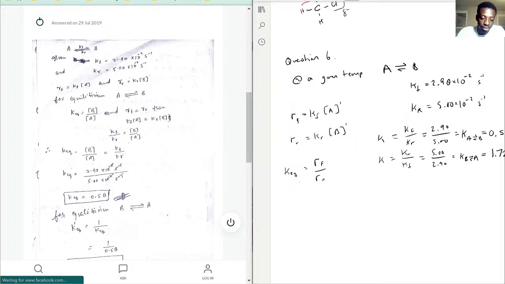And that's how we break it down to this one, and then we solve the equation. So that is what we do for that question.